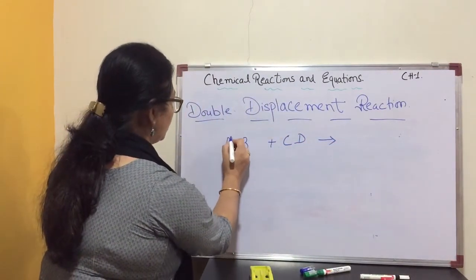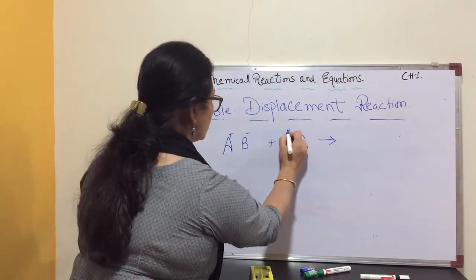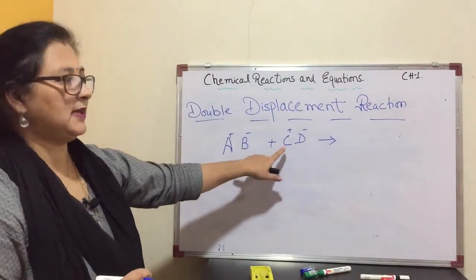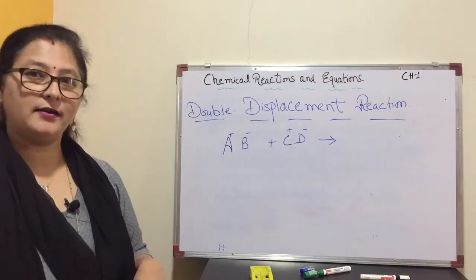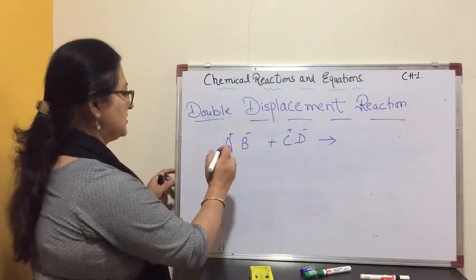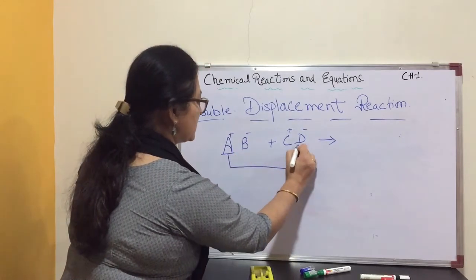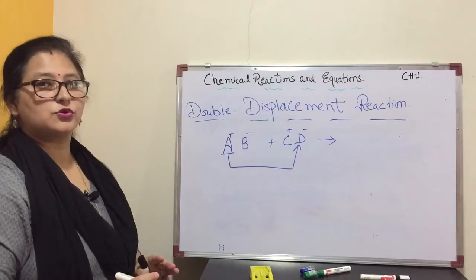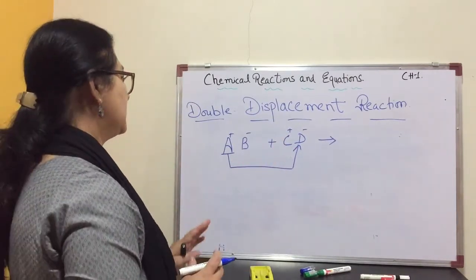Okay, if A is positive here, B is negative, C is positive here, D is negative. A and C, they are metals, and B and D, they are radicals. Now A was associated with B, but in a double displacement reaction, when these two salts react together, there will be a change in radicals.